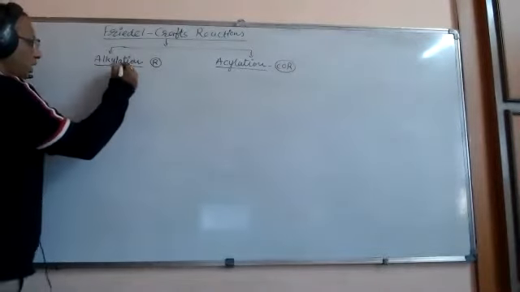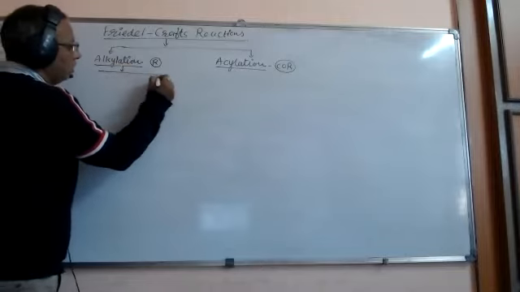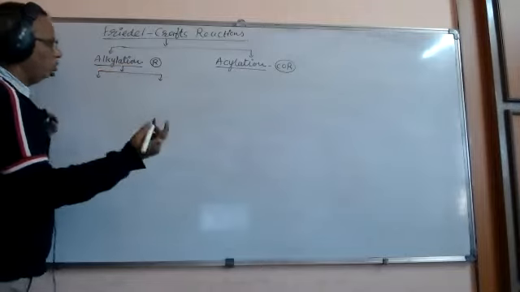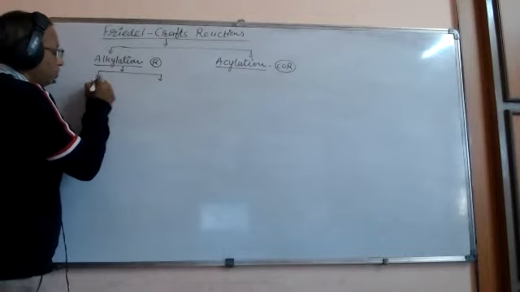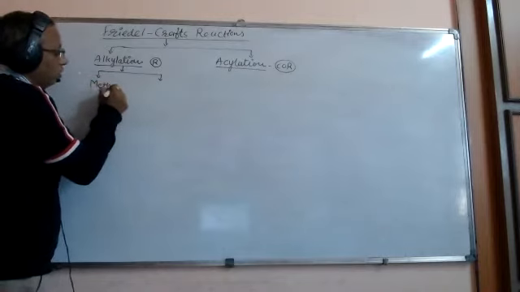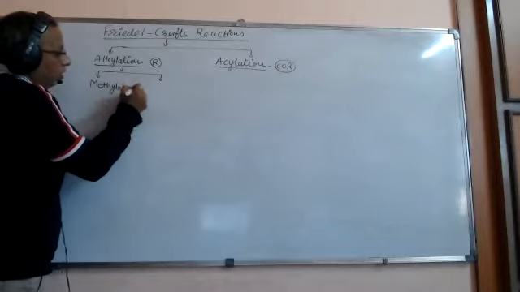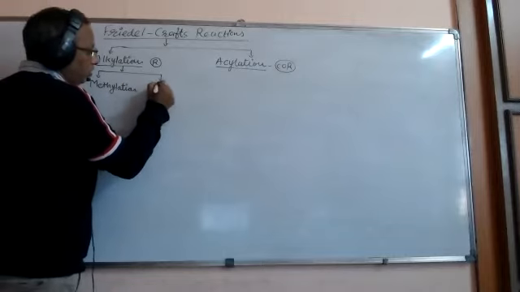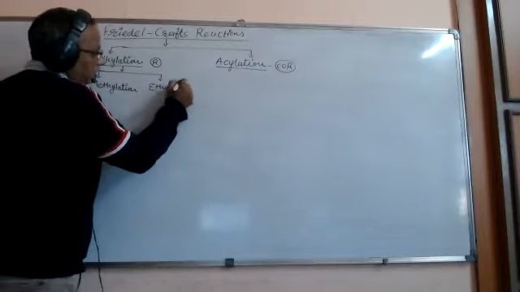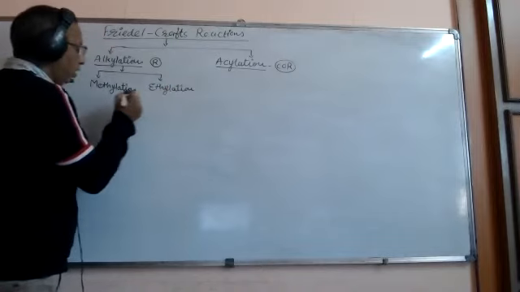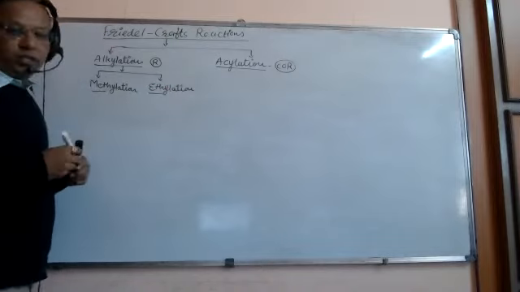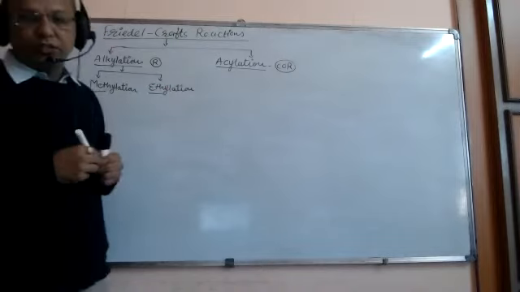So first of all, alkylation. Alkylation is further divided into only two parts. First is methylation and second is ethylation. Methyl is added in methylation, ethyl is added in ethylation.